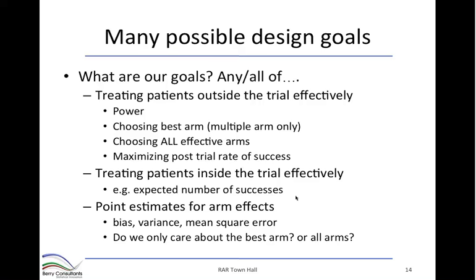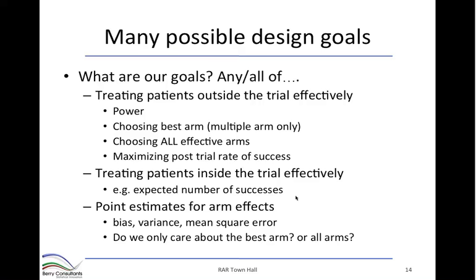We've found that often the power and choosing the best arm are a little bit contradictory. If you want to maximize the power, you want more control subjects. If you want to choose the best arm, it might be better to put a few more subjects on the active arm. So we've got a quantity that essentially computes the expected rate of success outside the trial. And so we're going to quantify that as well.